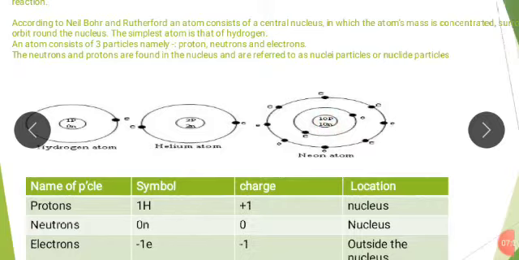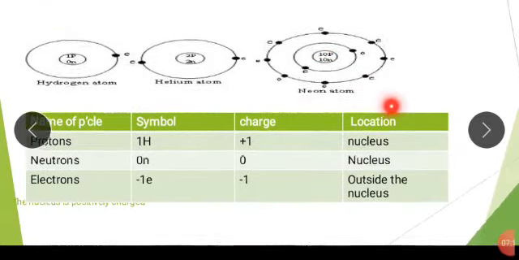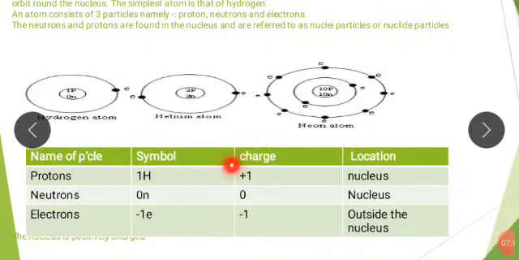When we come to this table, we have the name of the particle, its symbol, the charge and the location. Now the protons, what charge do they carry? The protons carry a positive charge, and they are found inside the nucleus.